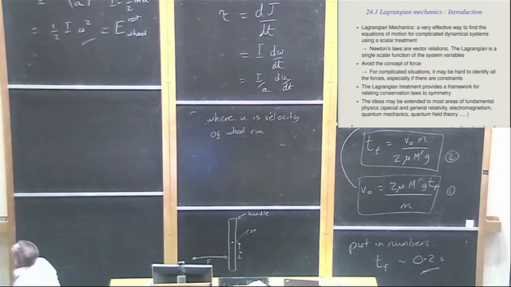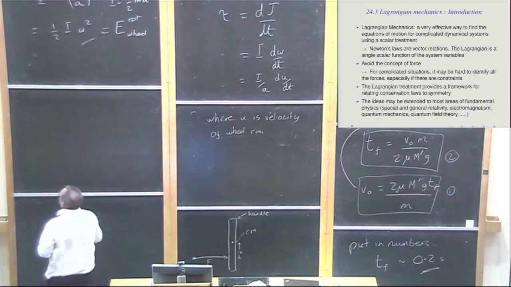So what is this? Well, this is a very effective way to find equations of motion for complicated dynamical systems, but using a scalar treatment. All right, so Newton's laws, if you think of Newton's second law of motion, these involve vector relations. And we know how to handle these, but sometimes it can be quite tedious.